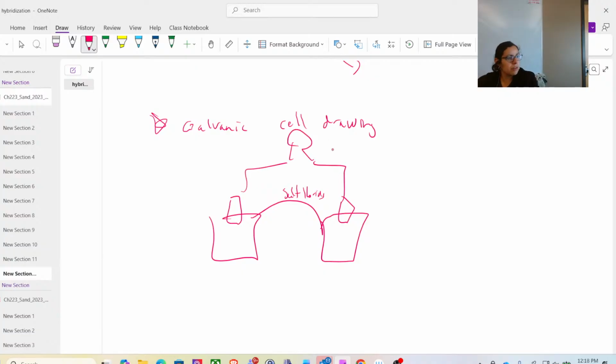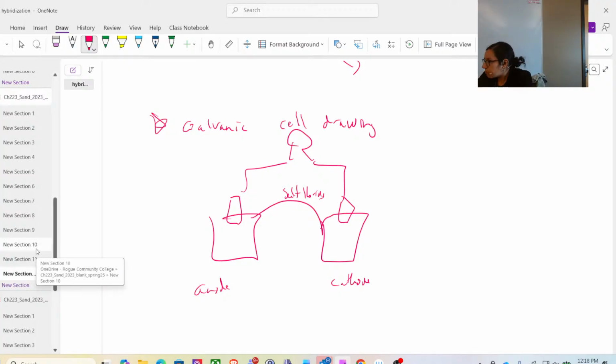So you'll probably have to draw one of those and label everything. Anode, cathode. I try to keep it somewhat light, hopefully, on the exam. Are there other questions or things that we want to go over? Review questions?